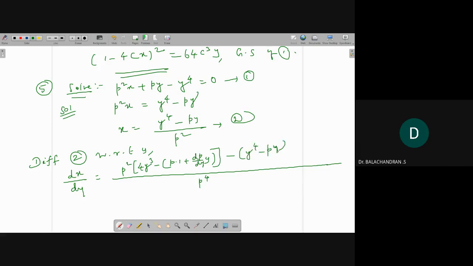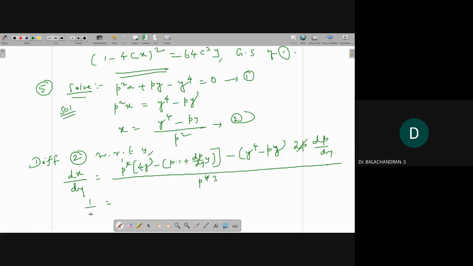And if you differentiate p square, you get 2p into dp by dy. Now I cancel one p here.